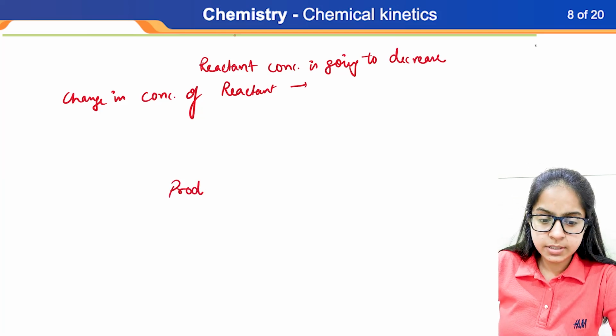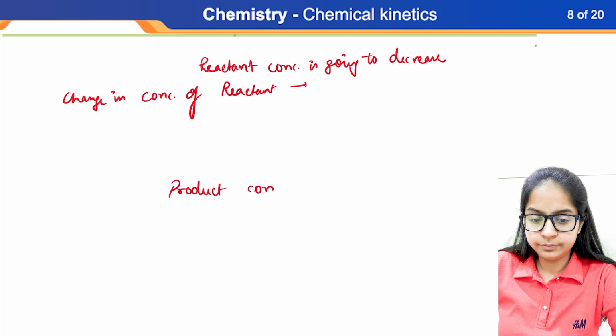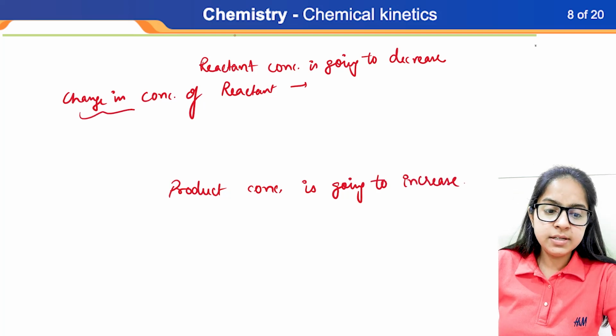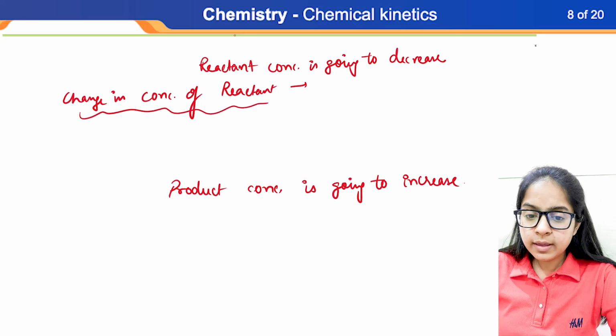Product concentration is going to increase. Now, change in concentration of reactant, so we need to put a negative sign in front of the reactant concentration.